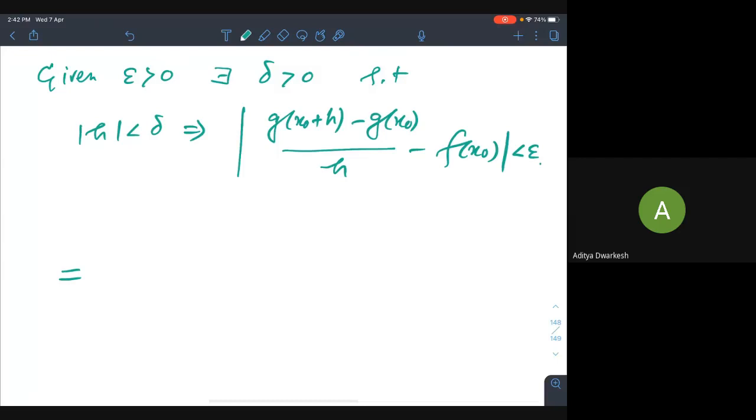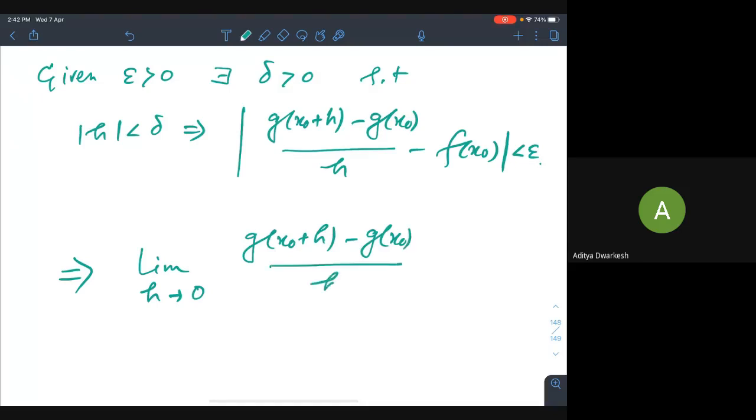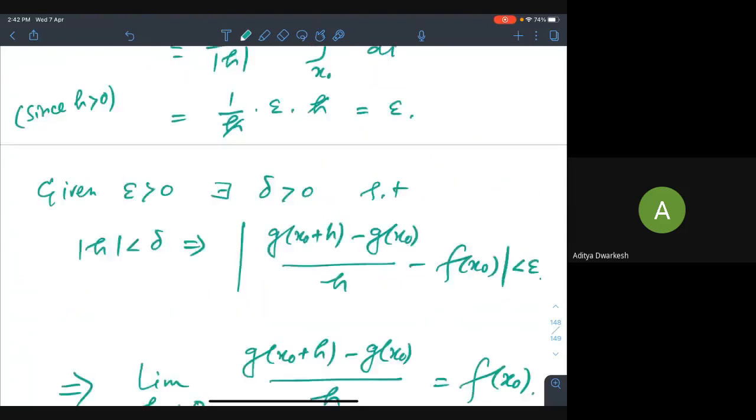This is the definition of the limit as h tends to 0 of g of x naught plus h minus g of x naught over h being equal to f of x naught. So this limit exists and is equal to f of x naught.